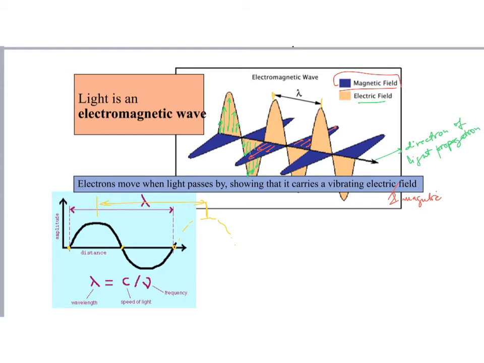So this would be just half of it. So anyway, that is the length of the wave. Therefore, that is going to have the name of wavelength. And that is usually called lambda.